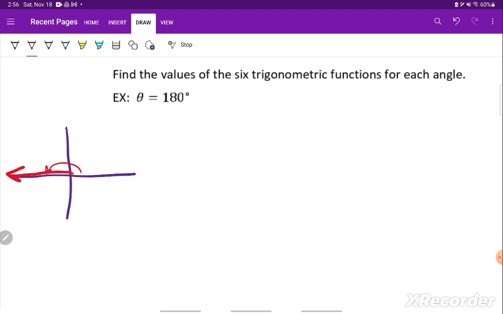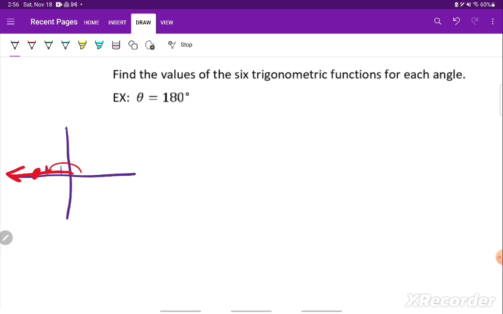This is essentially the same problem as the previous problem, where we have the line here that coincides with the terminal side of our angle, so we just need a point on this line. So you can just pick something that's over here.